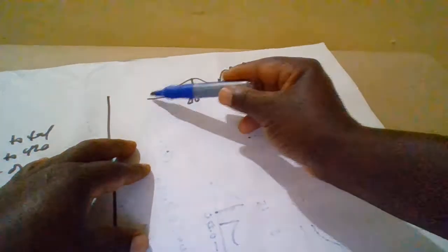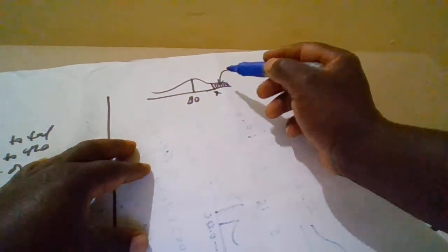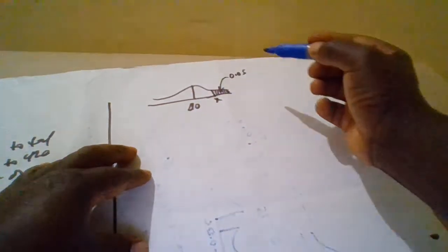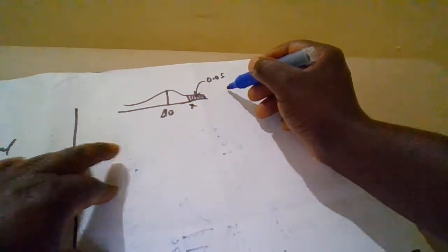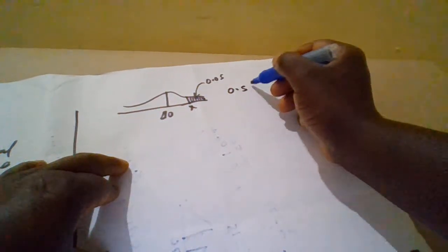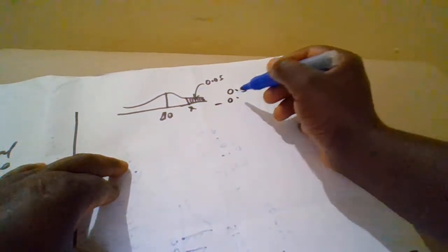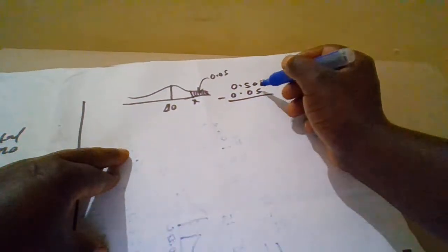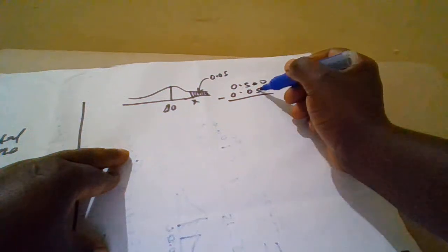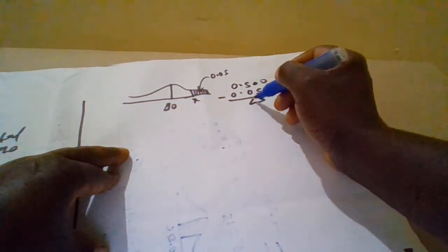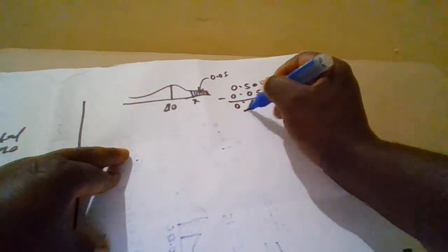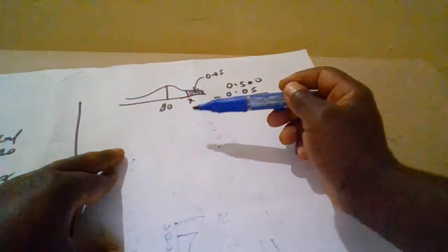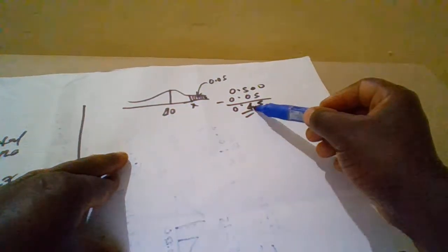Therefore, if the area from X to this point is 0.05, we get this area by 0.500 minus 0.05, which is 0.45. So this is the area between the mean and the value X.